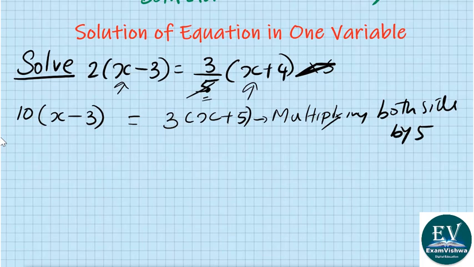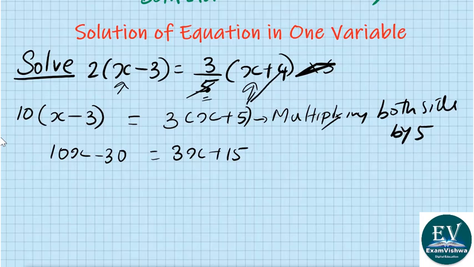Now I will open the bracket. 10 into x, 10x minus 30 is equal to 3x plus 15. Sorry, not 15. ये 4 है ना इधर, तो ये 4 होना मांगते. Here it is 3 into x plus 4, it is 12.